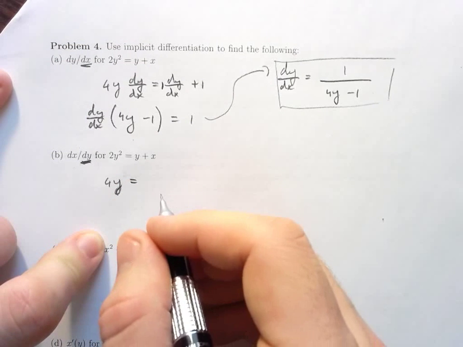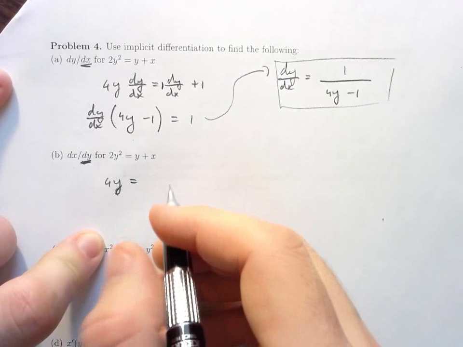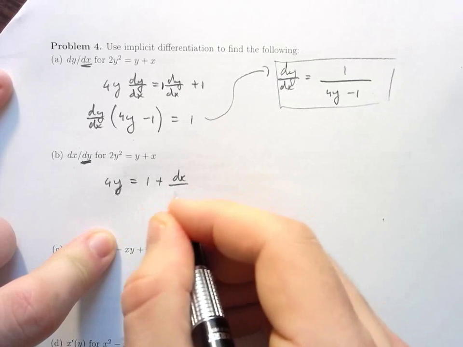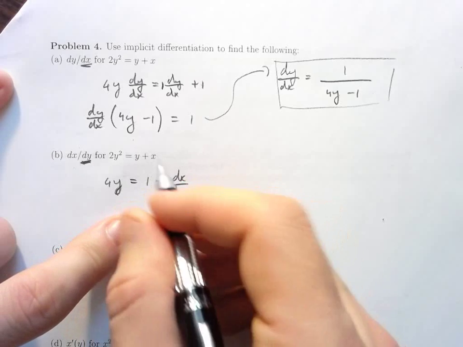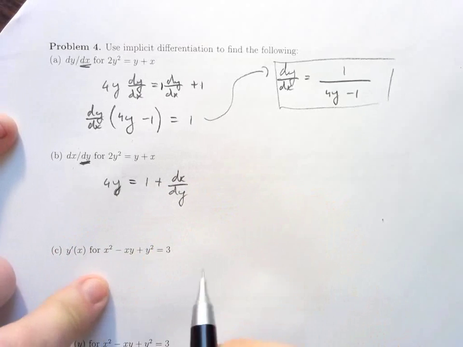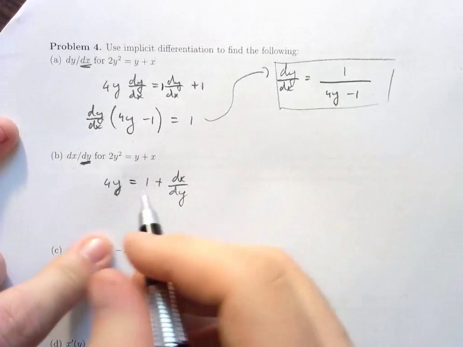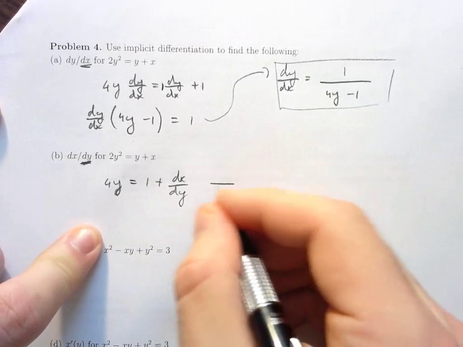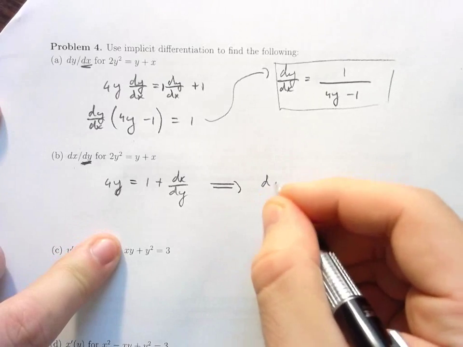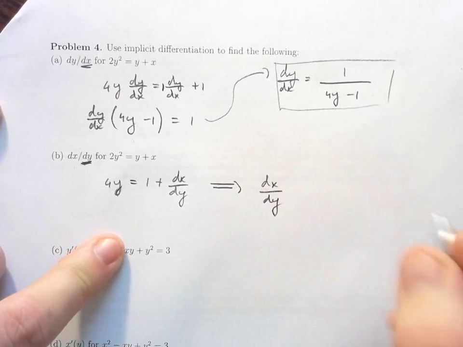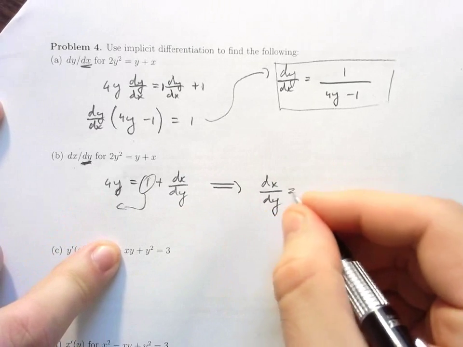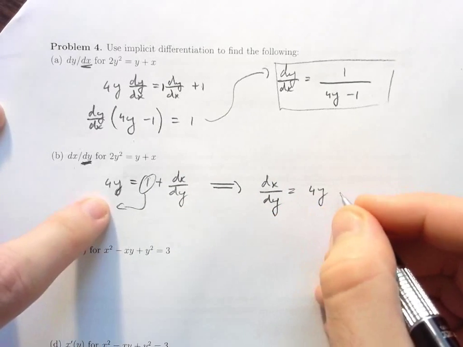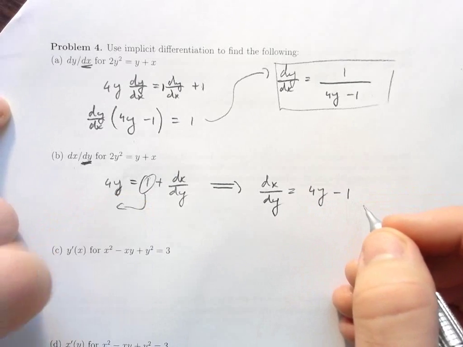And then on the right hand side, 1 coming from the derivative of y, plus dx dy from x. And this one is a little bit easier to solve. I just solve for dx dy, but there's nothing to factor. I just have to move the 1 to the other side. So I get dx dy equals 4y minus 1.